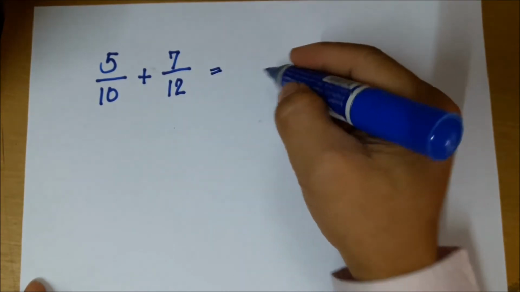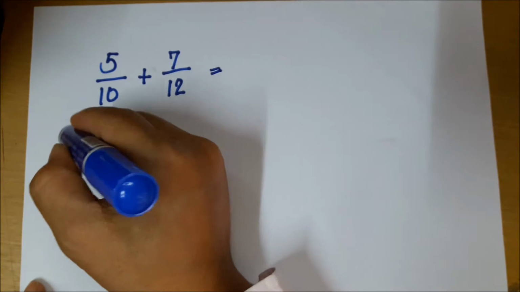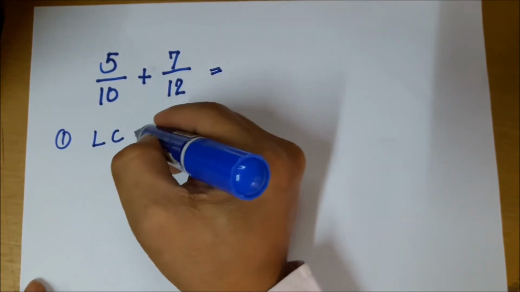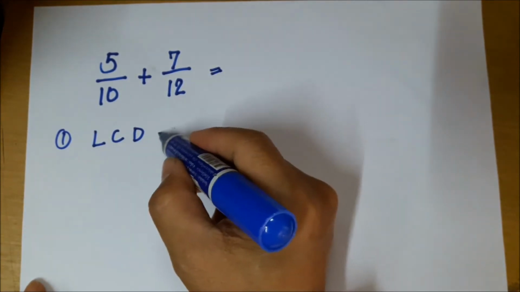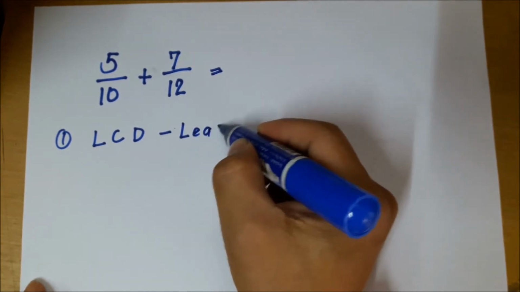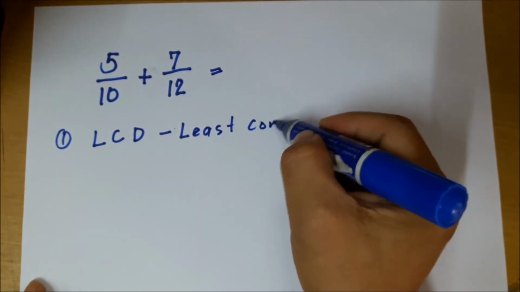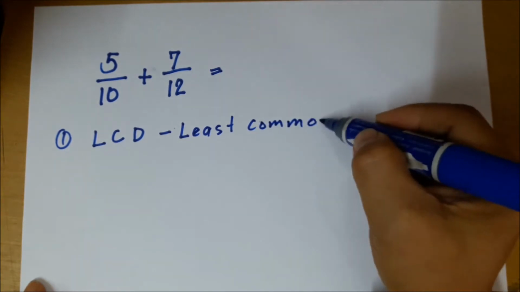First thing to do is find the LCD. LCD means least common denominator.